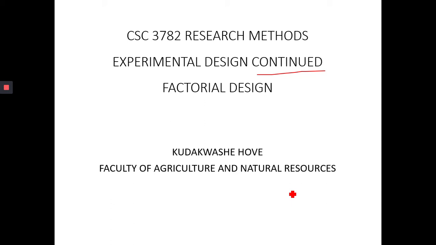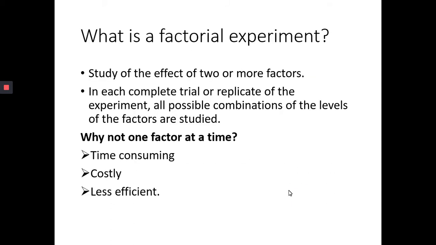Now, what is a factorial experiment? When we talk of a factorial experiment, it is the study of the effect of two or more factors. Two or more factors. The moment we talk of two or more factors, we have factorial. In fact, the name factorial comes from the issue of having a number of factors.